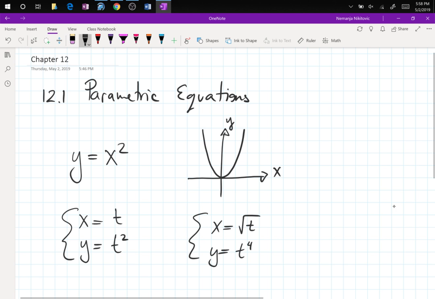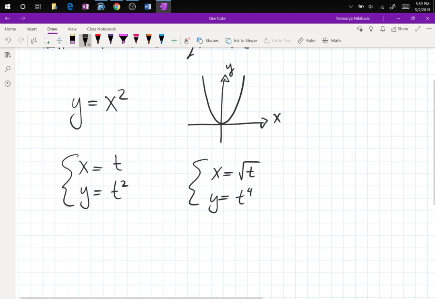This is also a representation of y equals x squared, because if I plug in square root of t for x, square root of t to the fourth is t squared. So it is not unique. You can come up with many different ways in which you can make your equations work.